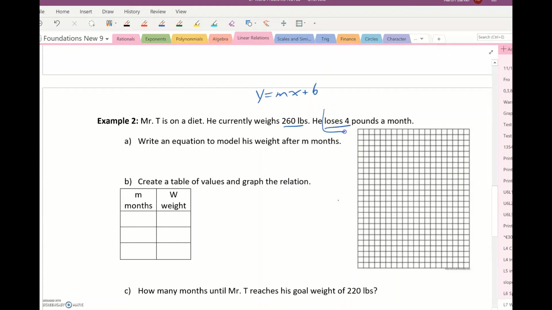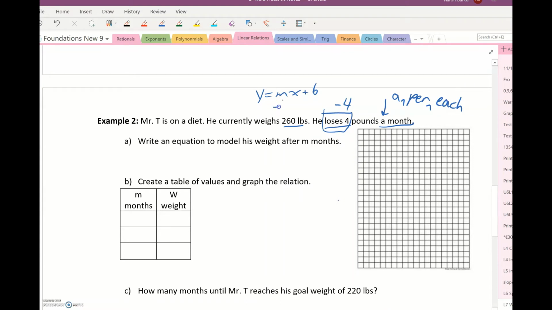First of all, what kind of number represents loses 4 pounds? A loss would be -4. Now this happens a month, so that would be our rate of change, and the keyword is "a month." You're looking for words like per, each. When we have those words in our sentence, that's centered around our rate of change.